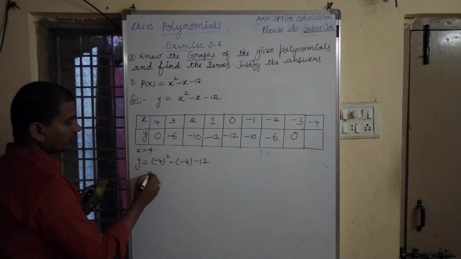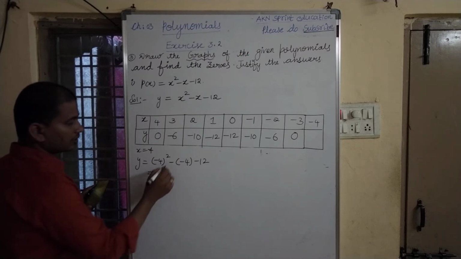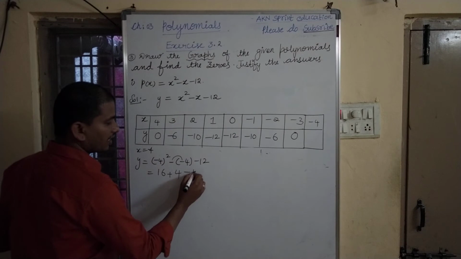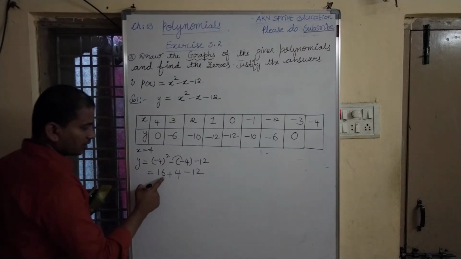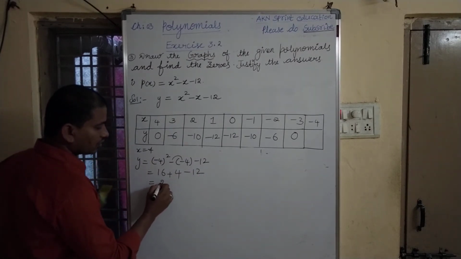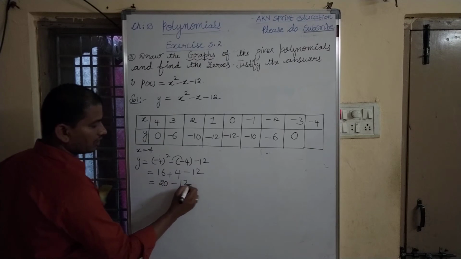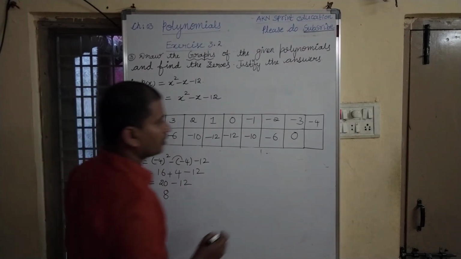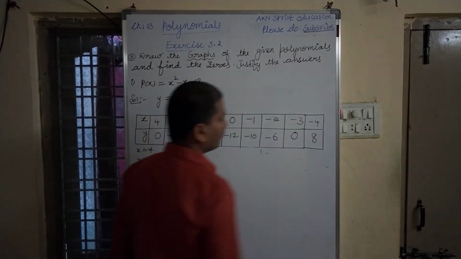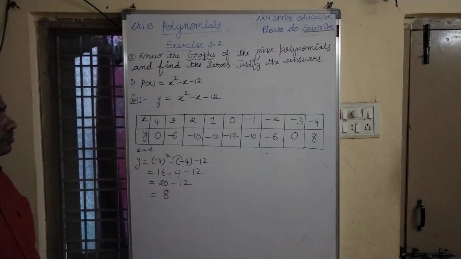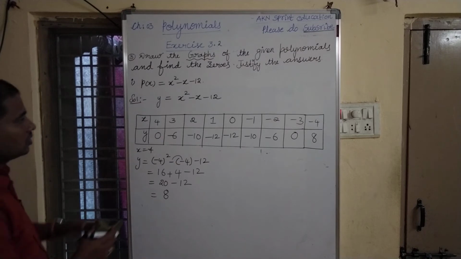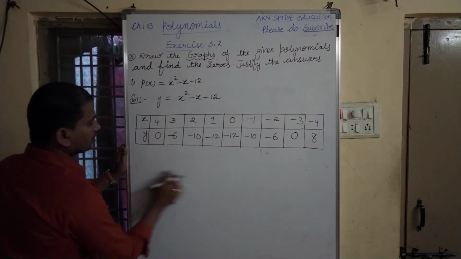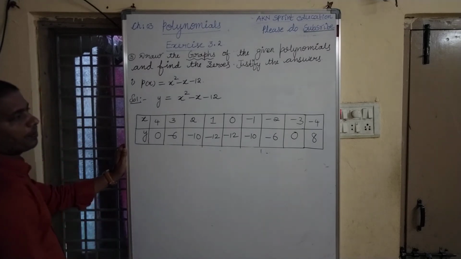Minus 4 square is 16, minus into minus plus 4 minus 12. 16 plus 4, 20 minus 12. 20 minus 12 is equal to 8. When x equal to minus 4, y value is 8. Okay? So now what we have to do, let us represent the points on a graph paper.